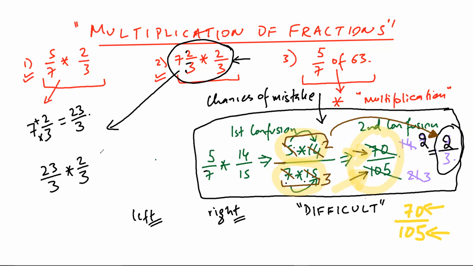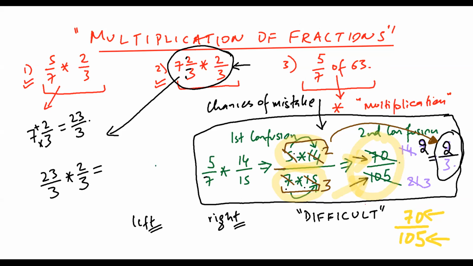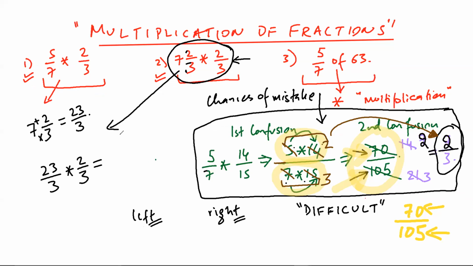Mr. Sarthak, is there a problem? No, sir. Do you see any common factors? No, sir. Because I don't have any common factors, I'll have to simply multiply these two, and that would be the final answer. So this will be equal to 46 by 9.